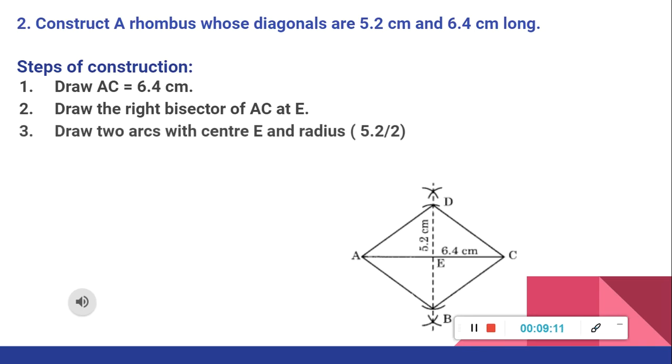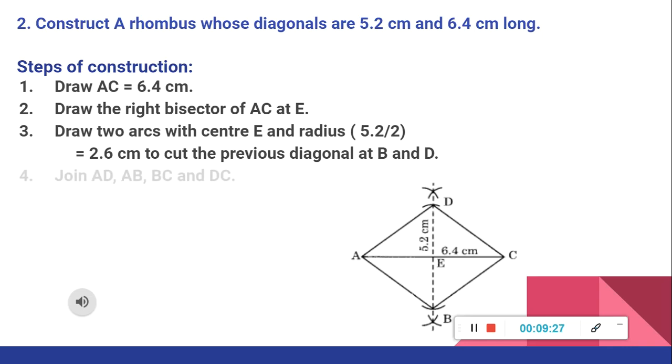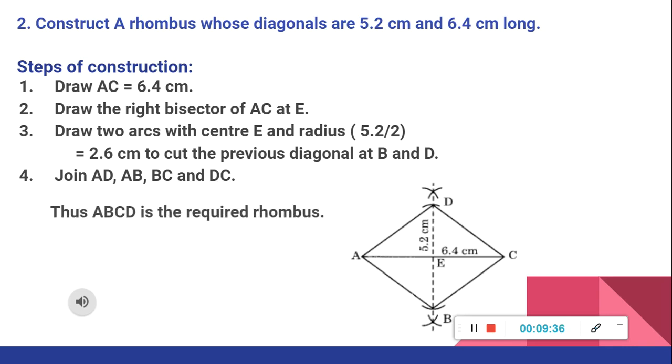Now draw 2 arcs with center E and radius 5.2 by 2, means half of 5.2, that is equal to 2.6 centimeter, to cut the perpendicular at B and D. Now join AD, AB, BC and DC. So we got the required rhombus ABCD here. Okay.